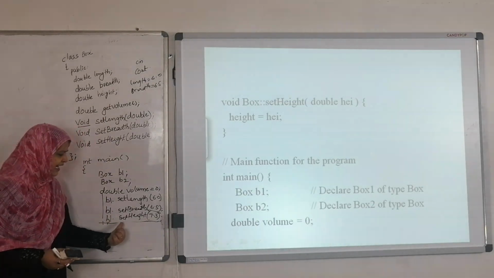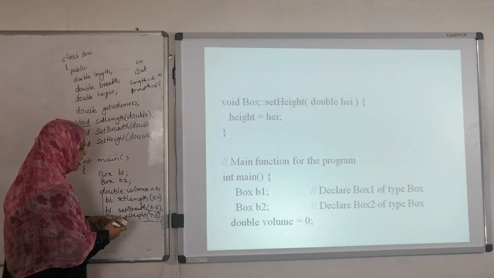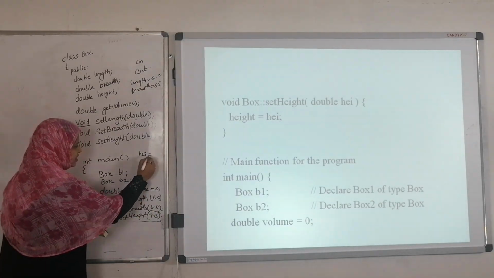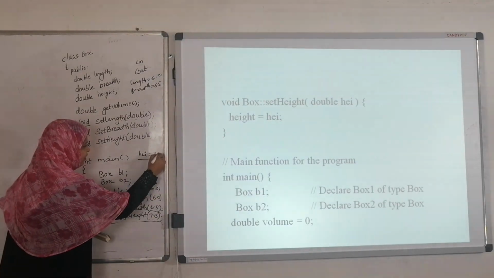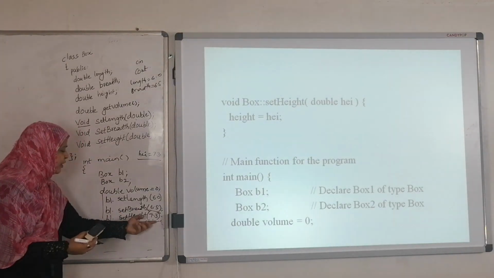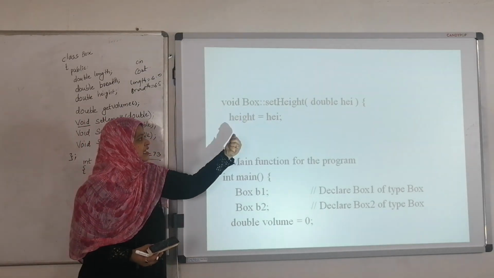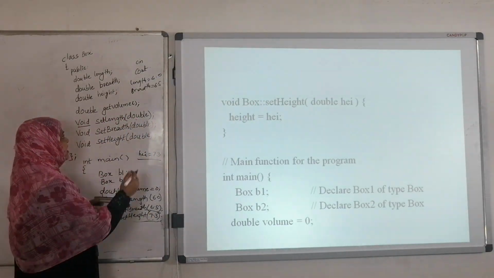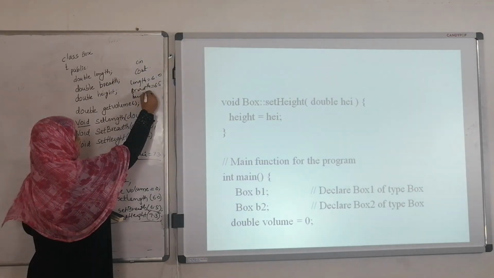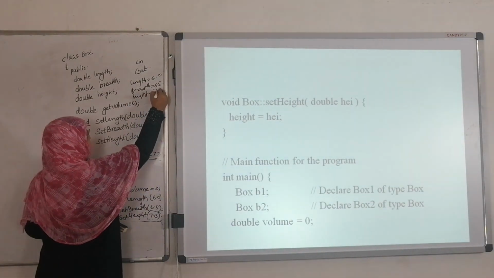Next, B1 dot set height: we are passing the value 7.3. What is the value of the HEI variable? That is 7.3. We are passing the 7.3 value to the set height function. In set height, height equals HEI. What is the value of HEI? 7.3.